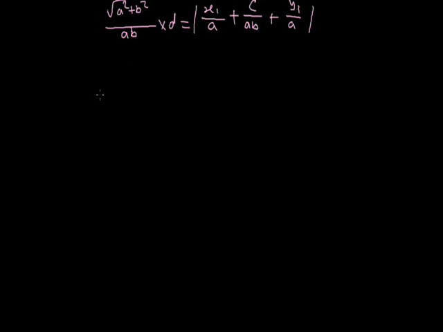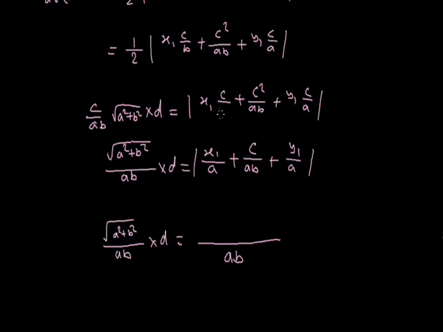Now take the LCM on the right-hand side, so it will become AB here, C by B, and it is x1 by B. Now here, A x1 mod plus C plus B y1.